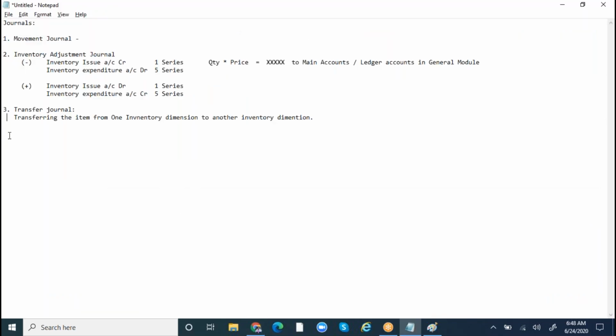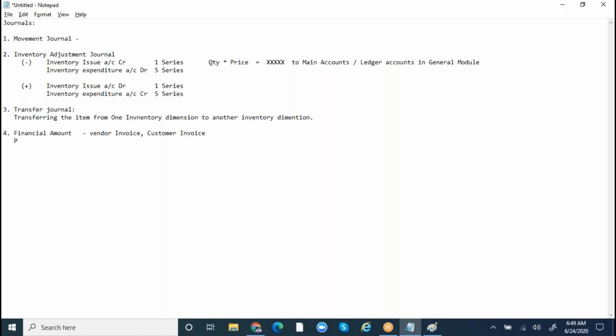Let me write that down. It is finance only, team, sorry, but see, the financial amount is at the time of vendor invoice or customer invoice.